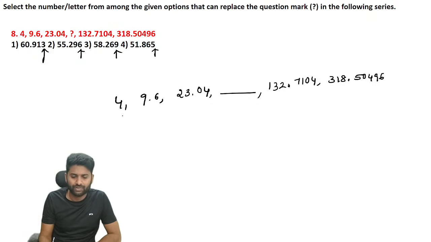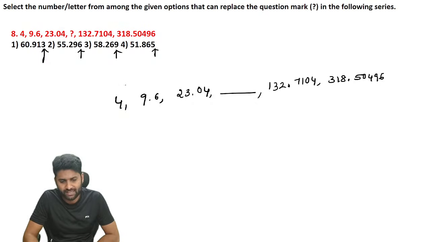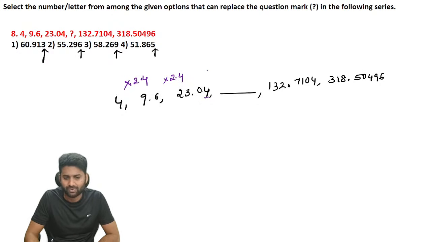Now see, you know that 496. If 4 is multiplied 24 times, 24 into 4 is 96. If it is 2.4 times, it is equal to 9.6. Again, if you check the options here in the units place, here it is 6, we want the units place to be 4. Again, it is multiplied with 2.4. 6 into 4, 24. Again, 4 is carried over. So every time they are multiplied with 2.4 itself.